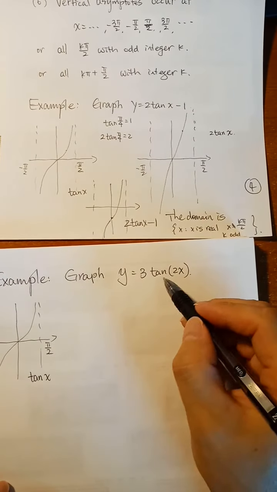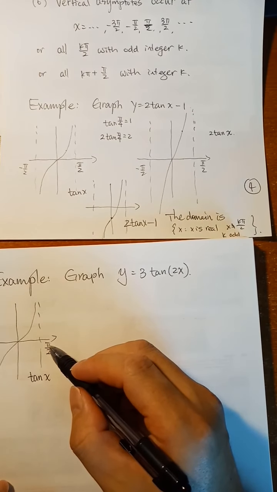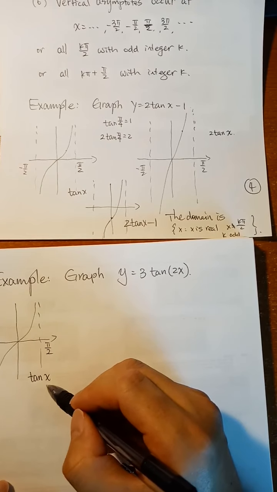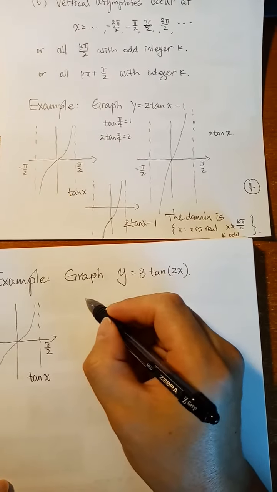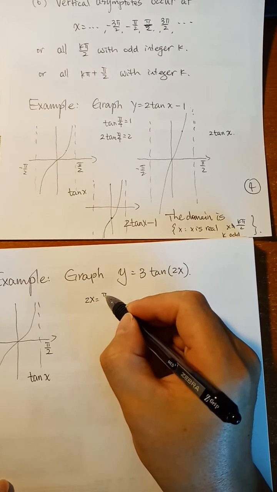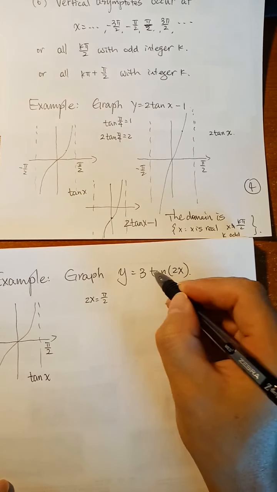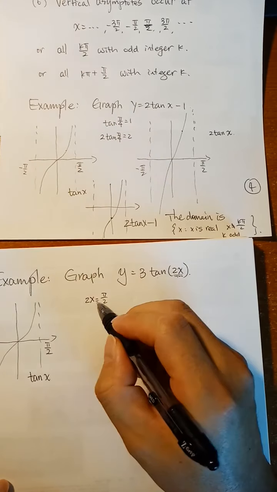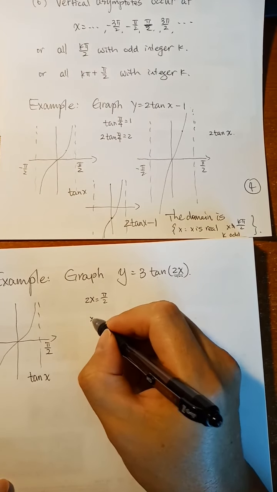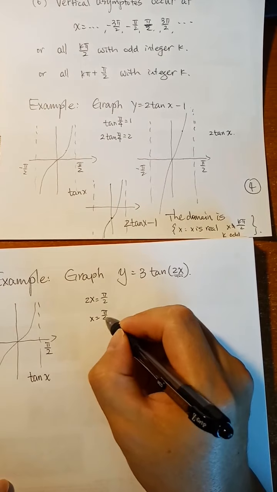Okay, now let's see. Tangent of x is undefined at pi over 2. So when x is pi over 2, tangent x is undefined. And now you have 2x. It means when 2x is pi over 2, tangent is undefined. So from this, you get x is pi over 4.